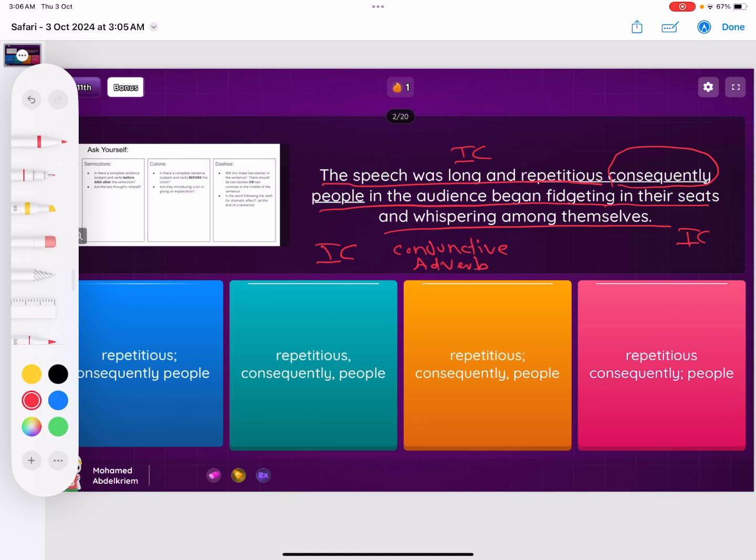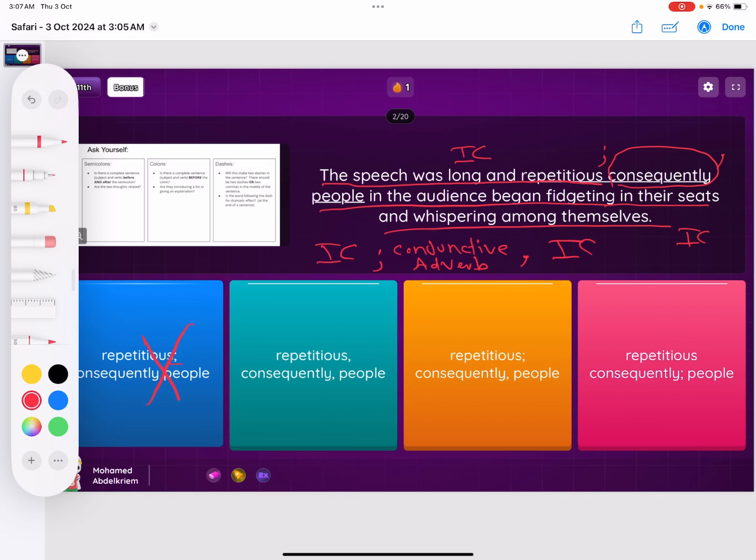If you studied the types of sentences, you will know that whenever there's a conjunctive adverb joining 2 independent clauses, you must use a semicolon before and a comma after. So before consequently, there must be a semicolon, and after consequently, there must be a comma, because it joins 2 independent clauses. So let's check which of these answers is correct. Here, semicolon before consequently, but there is a missing comma after consequently.